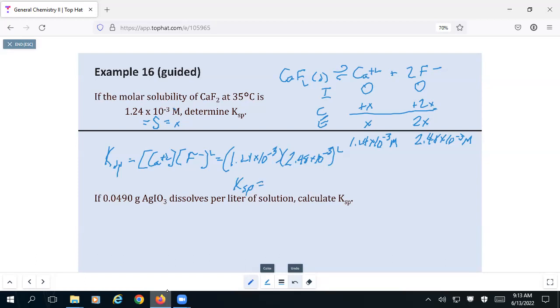Our Ksp value, to 3 significant figures, 7.63 times 10 to the negative 9th.